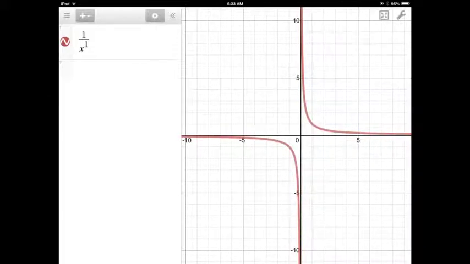But this graph never actually touches 0 along the y-axis. It's hard to see that on this graph, but take my word for it, that's a discontinuity. This graph also has a discontinuity along the x-axis. There's no way to make this function equal to a y value of 0. Anyway, this is the characteristic shape of this kind of graph.